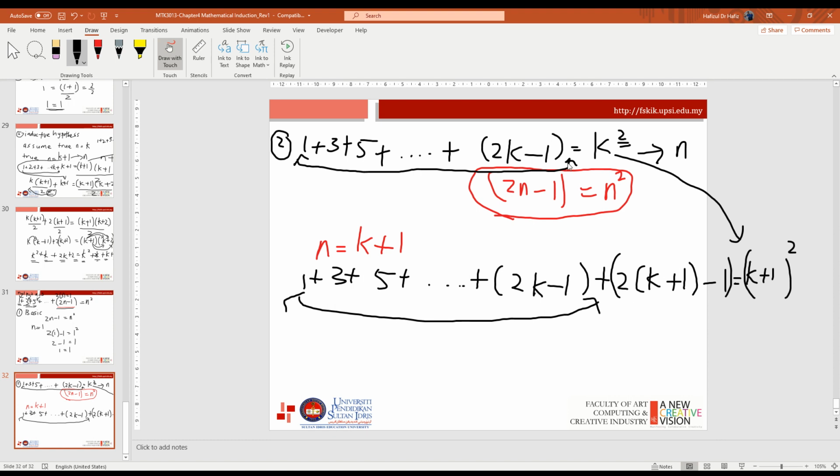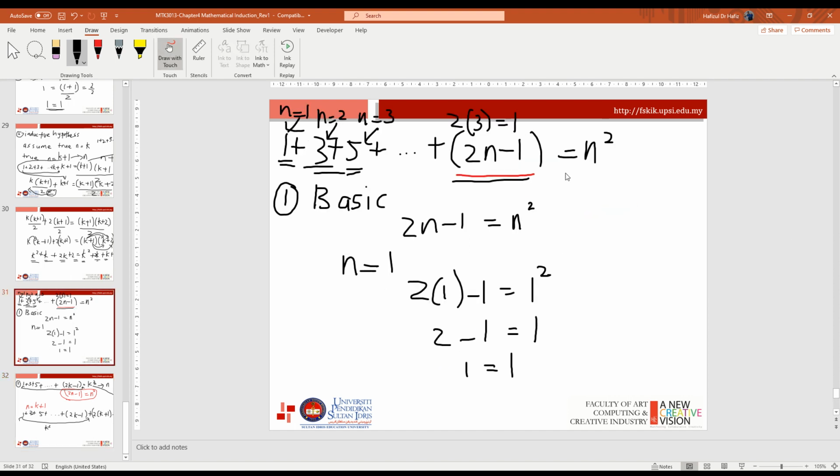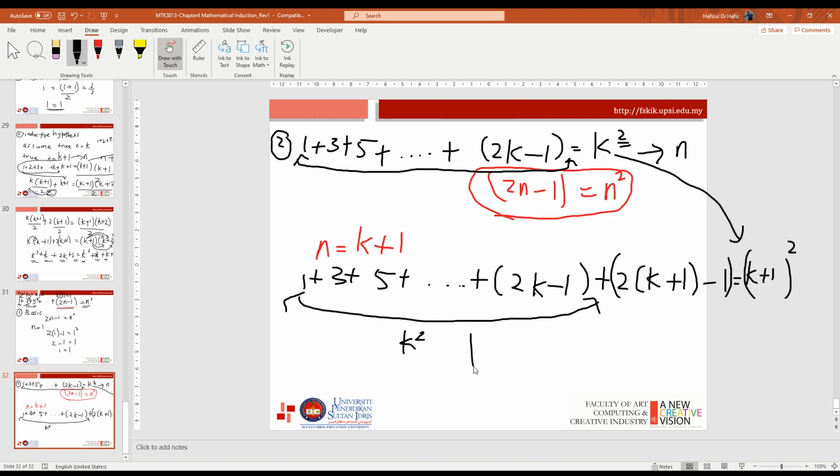So yang ni kita akan jadi, so this one can be k power of 2 because of the here equivalent to n power of 2 plus 2k plus 2 minus 1.